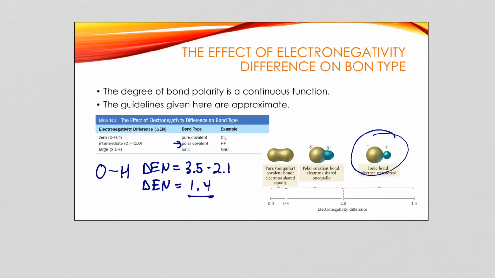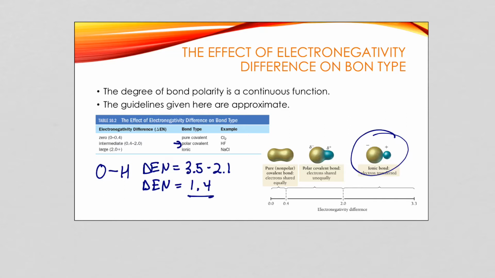We end up with not the sharing of electrons, but the transfer of electrons. This is where we see, if we look at the differences between a metal and a non-metal, oftentimes those differences are 2 and above, or right around 2 and above, and so they can no longer be effectively shared. The more electronegative atom essentially rips them away, and we get an ionic bond. So that's all there is to it.